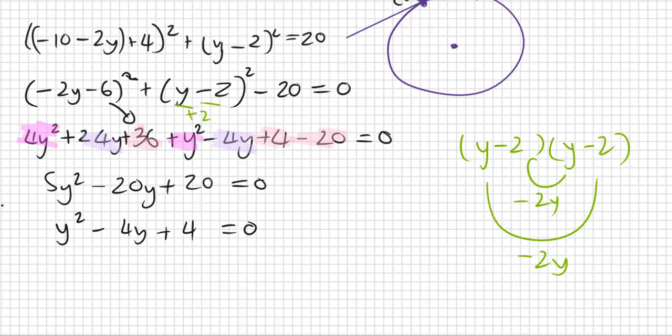So this contracts also into y minus 2 squared, because you take the square root of the first term, the square root of the third term, and it's actually a square. So you can contract the square again.